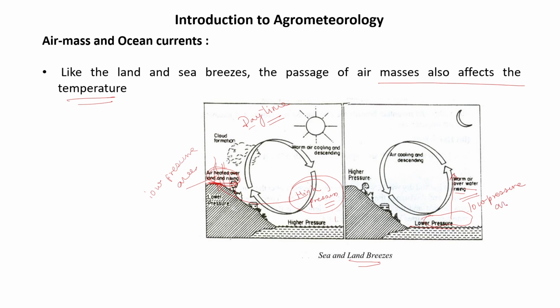The air above the land gets cooled down quickly and there is high pressure. Again, the air moves from high pressure to low pressure. This time it is in the opposite direction, from land to sea. That is why it is called the land breeze, and this occurs during the night.